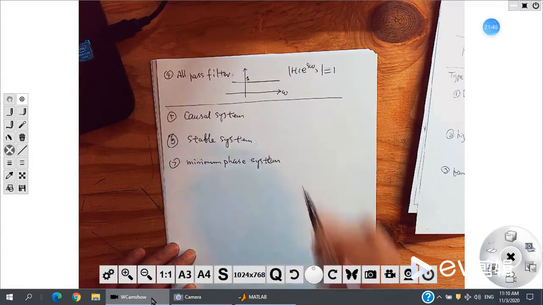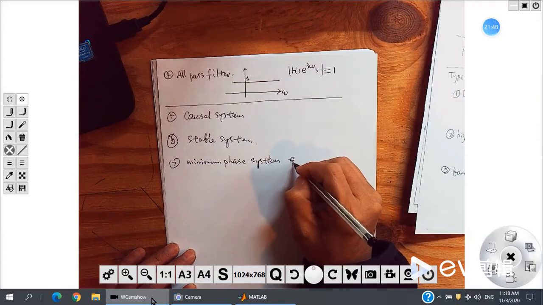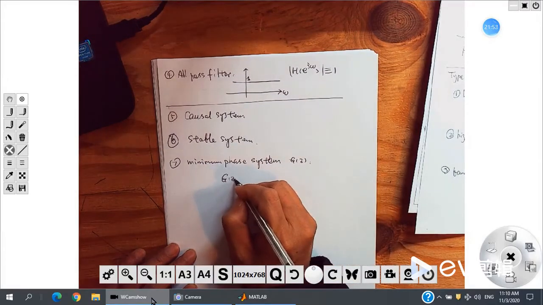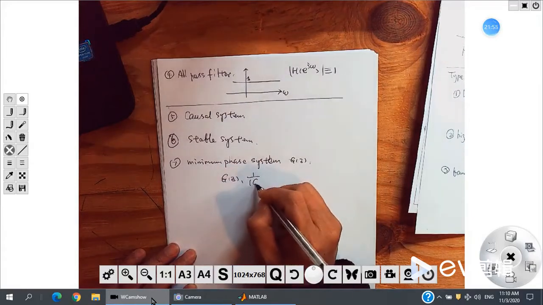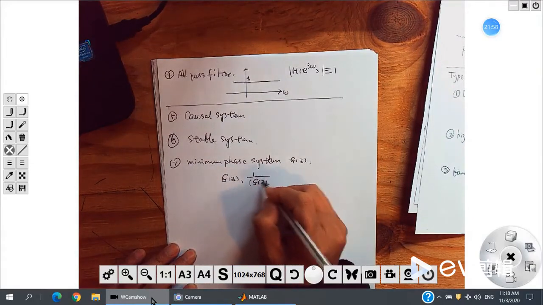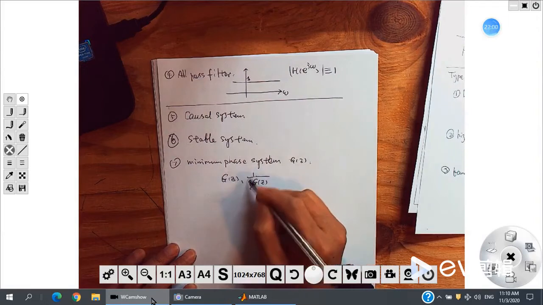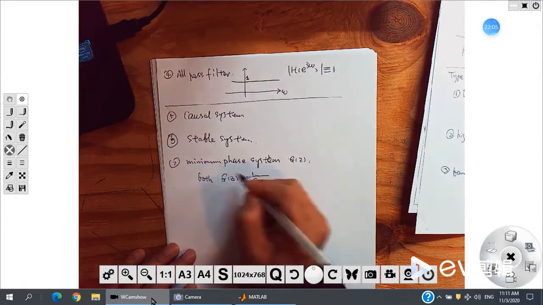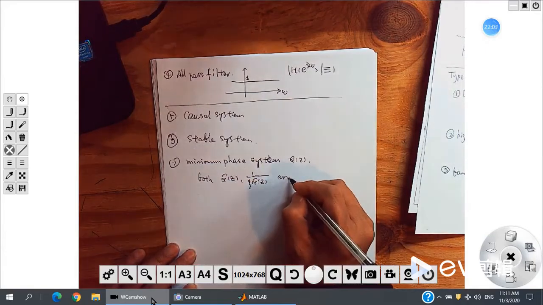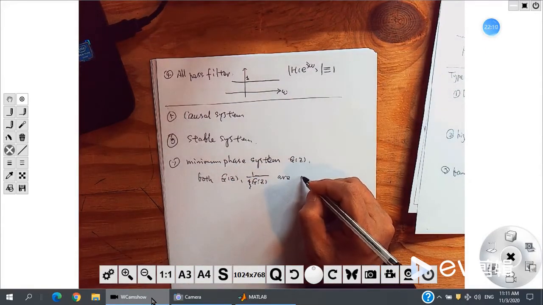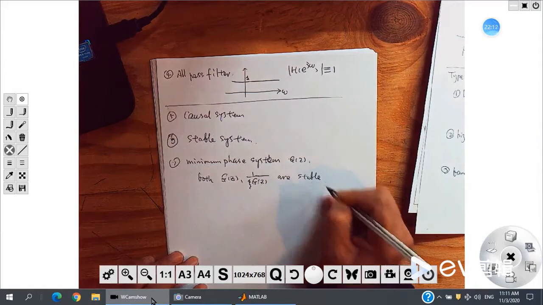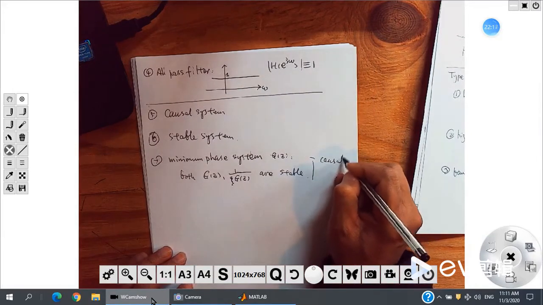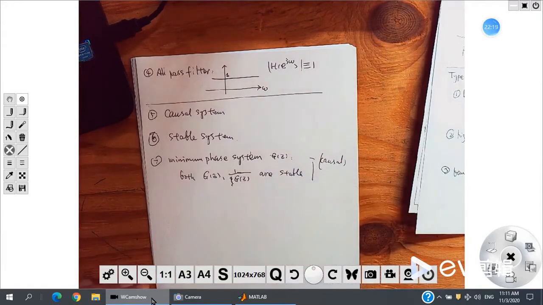I gave a name for this: I call it G(z). Then G(z) and 1 over G(z), both this one and this one, are stable. And of course we need them causal. They are causal and stable.